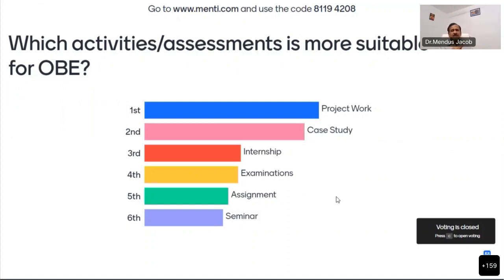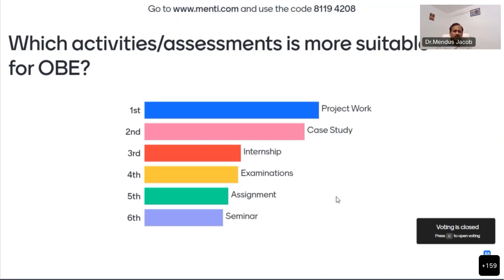Then when they are presenting that project, communication skills development is happening there. And this collaborative learning, they're learning more things. So project work is very important when we consider OBE implementation. Then case study, okay. Then comes internship, then examination, then assignment, then seminar.